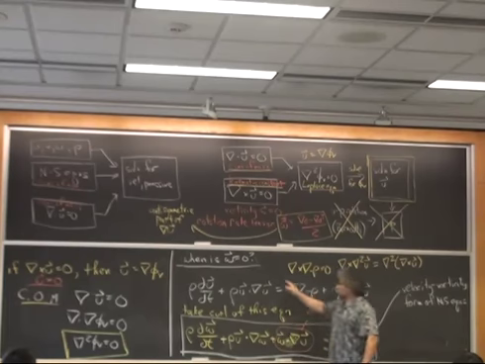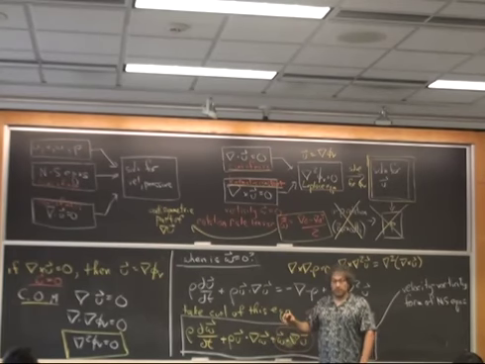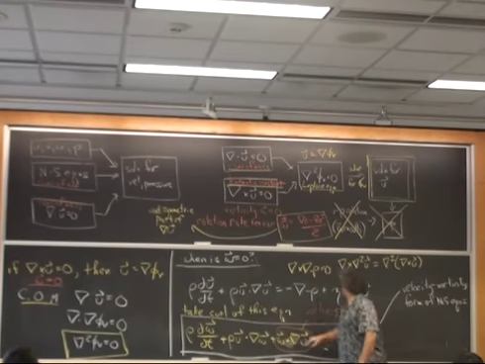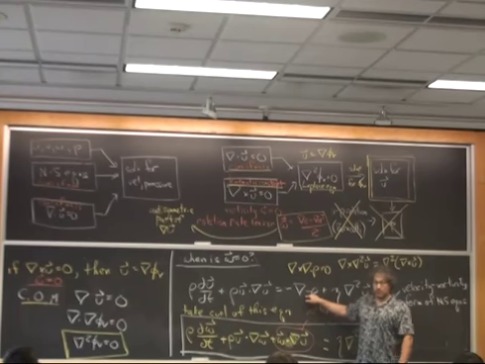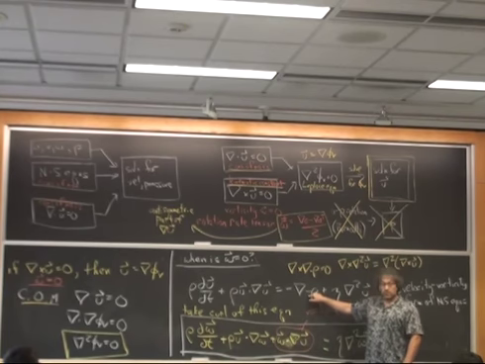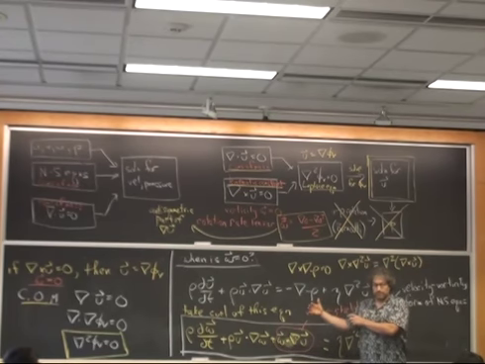If I look at this equation and I say my velocity is 0, how does the velocity change? Your answer is, well, this term's 0, and this term's 0, and this term's 0, so the velocity changes because there's a pressure gradient. So if I say at time t equals 0, the velocity is 0, it can change because of the pressure. If I tell you that there's no velocity now, that doesn't mean there's no velocity later.